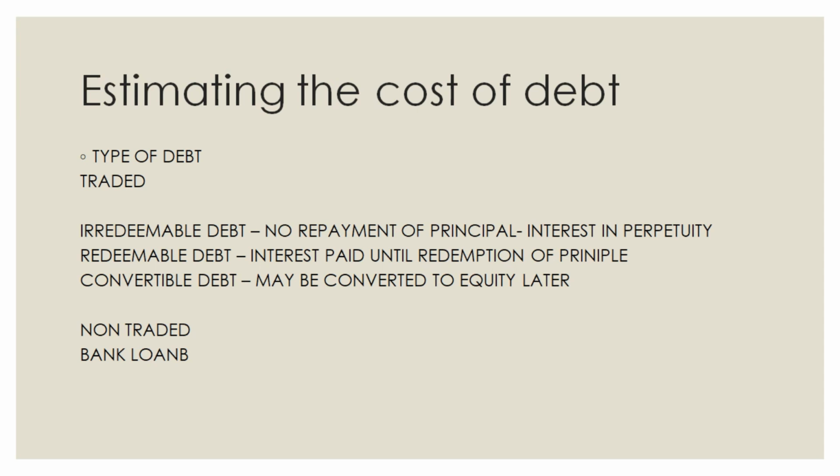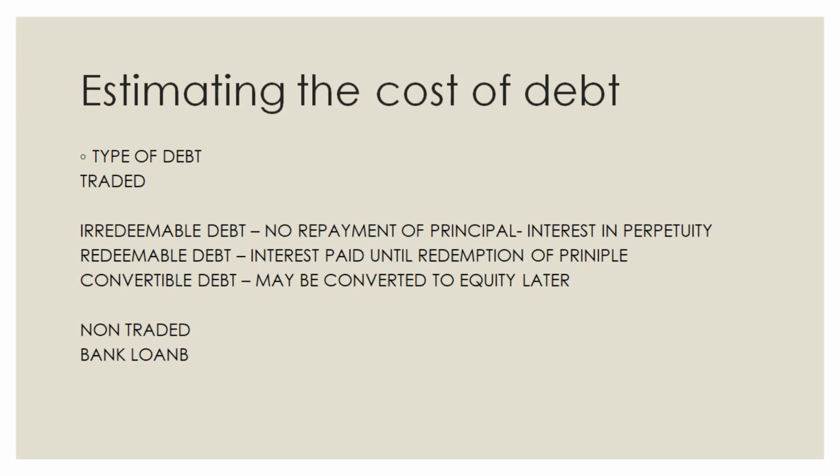In this, the investors may in future convert the debt into a fixed amount of equity shares. And the second type, which is not traded in the market, is non-traded debt, and this is a bank loan.